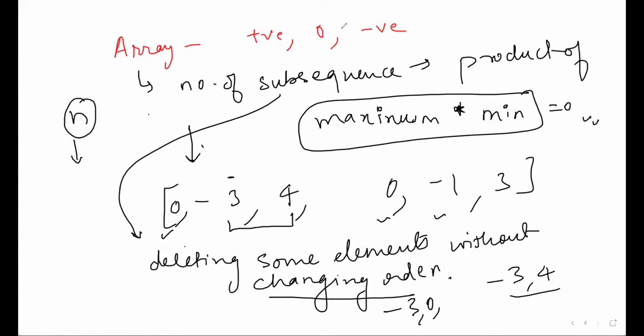Great. Yamini is correct, Jhansi is correct, and Nandini is right. So if the array has n elements, then 2 to the power n subsequences are possible. And one more important thing here is, out of these 2 to the power n subsequences, one is the empty subsequence.